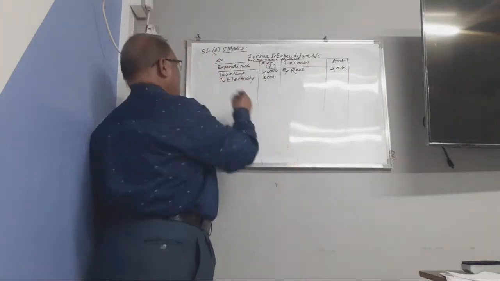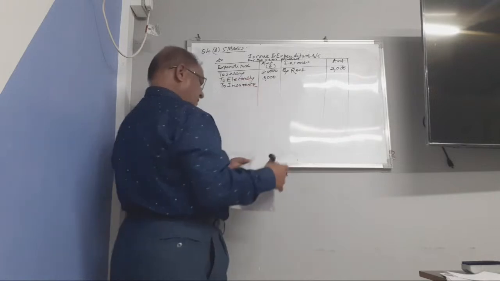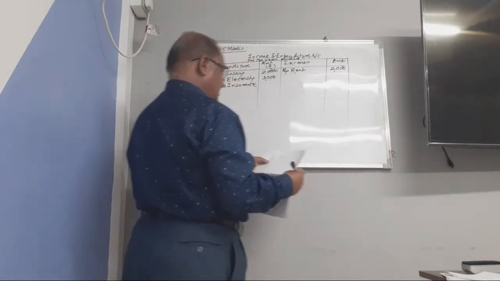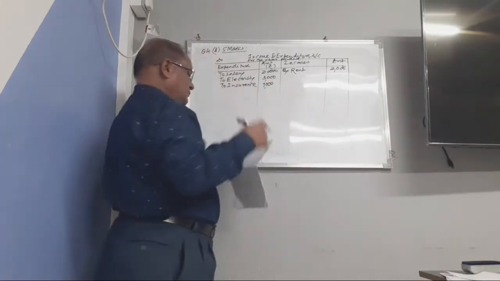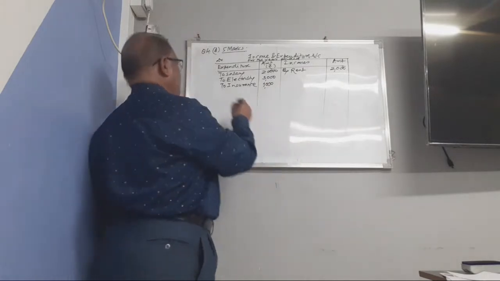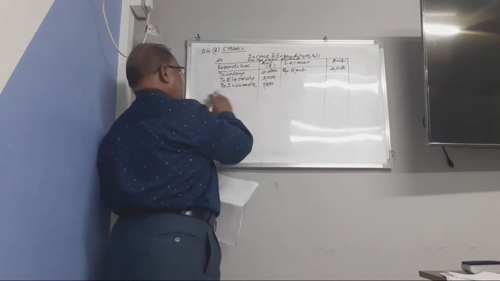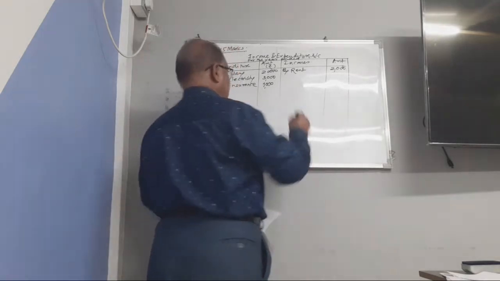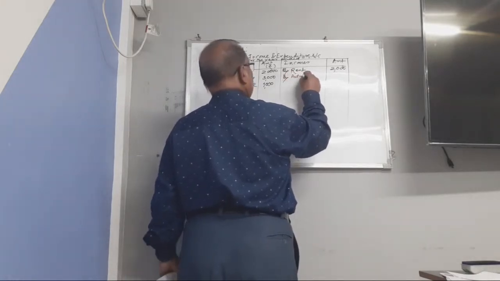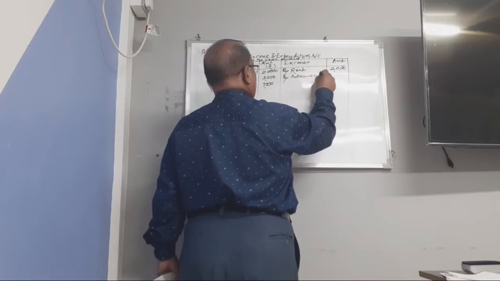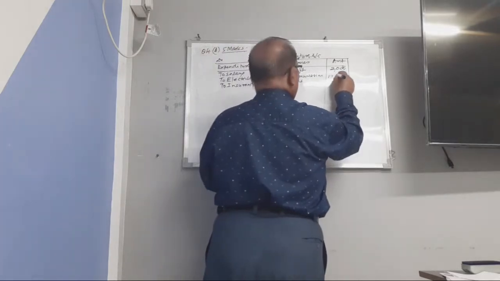Then insurance is an expenditure coming on the expenditure side. There is no further adjustment. Insurance is 1,000. Then admission fees are an income, so write down 12,000 on the income side.